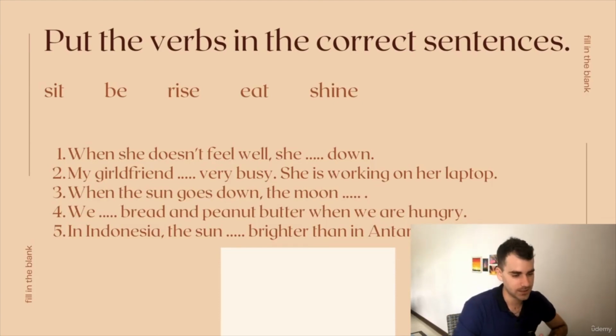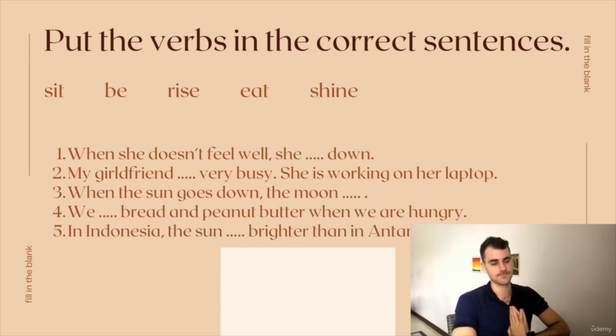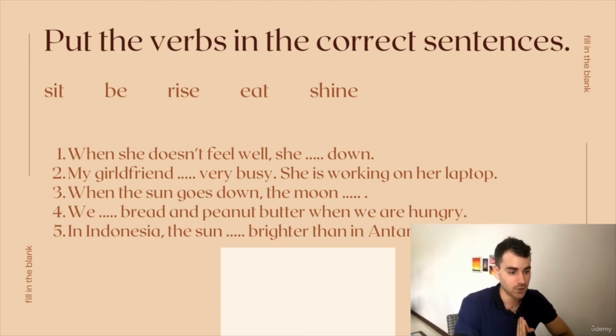Okay, here, fill in the blank. Put the verbs in the correct sentences. You should pause the video and do this on your own. Okay, I hope you are finished. I'll read the answers for you. When she doesn't feel well, she sits down. My girlfriend is very busy.